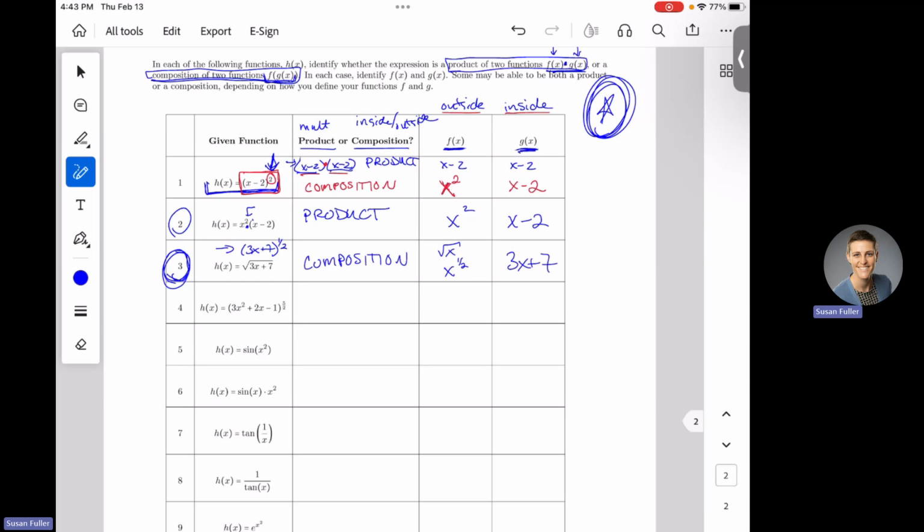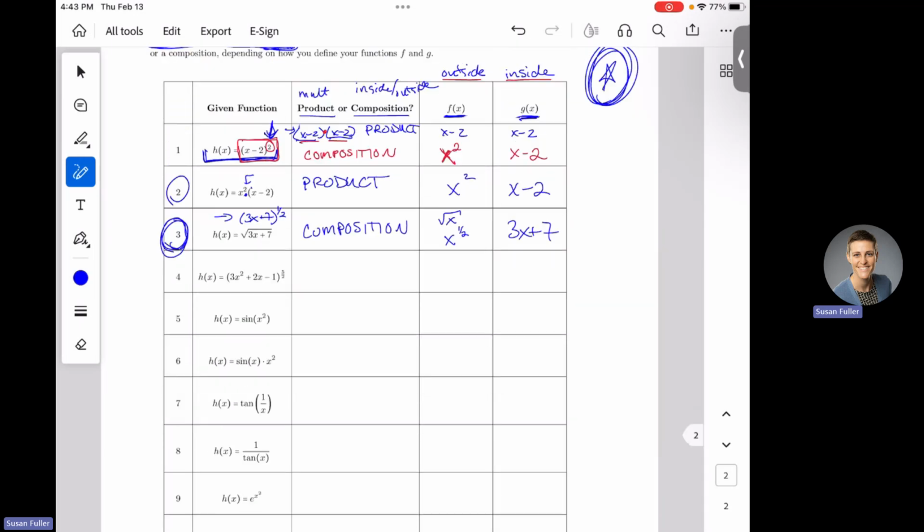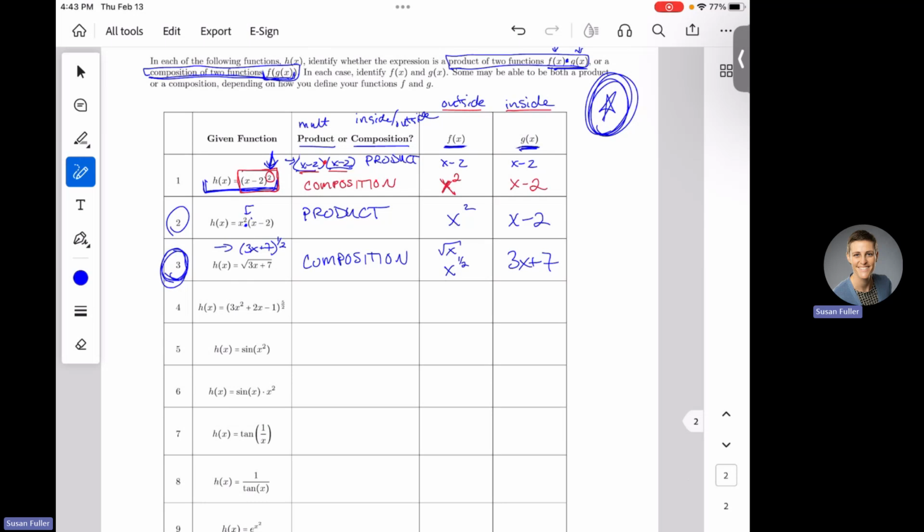Okay, so I want you to try the rest of these, and I want your brain to start sifting through: do I have multiplication, two functions of x, something with x's times something with x's, or do I have an inside and outside function? So if you have x's times x's, that's a product.